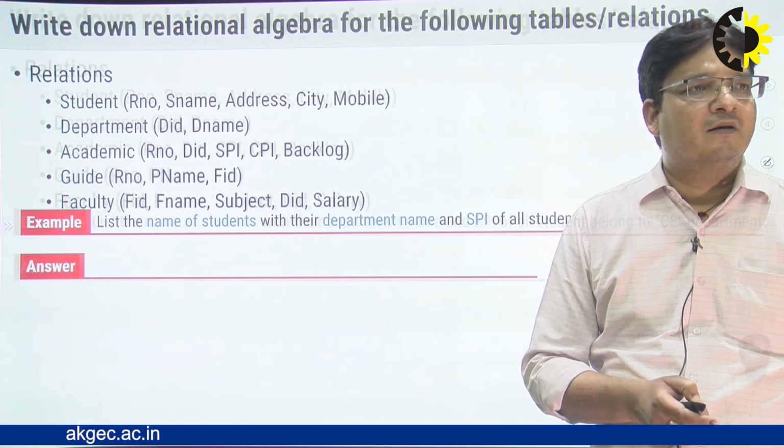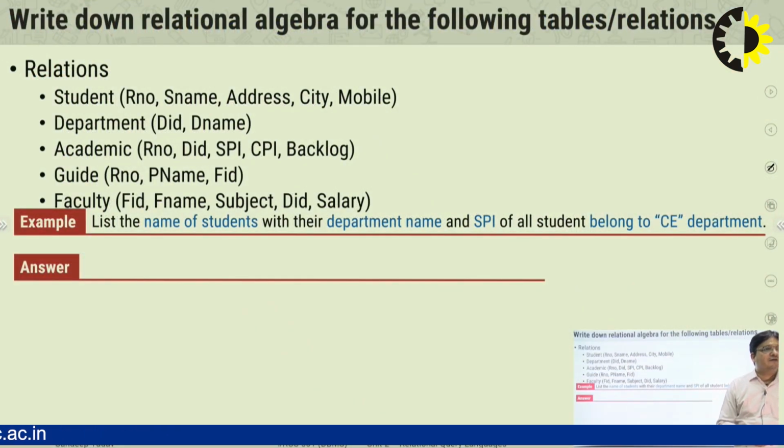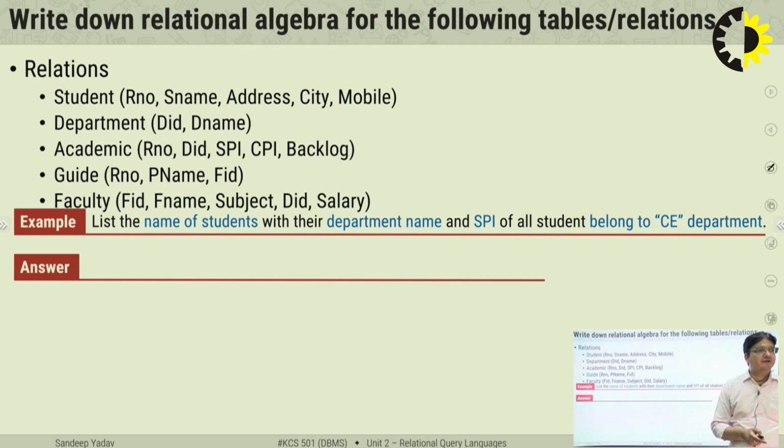Now we are being given certain relations. Student relation is there, department is there, academic is there, guide is there, faculty is there. We need to find out the list of students with their department name and SPI of all students who belong to the civil branch. So student name is present in student relation, department name is present in department, and SPI is present in academic.